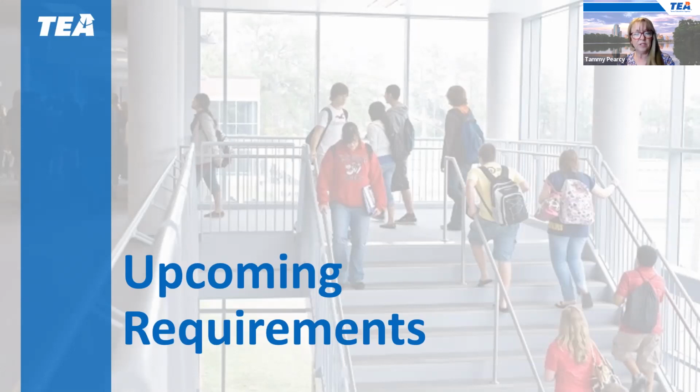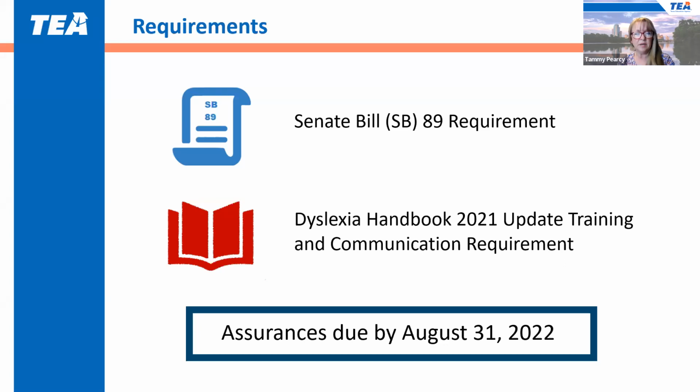We have a few additional upcoming requirements that are also linked to the August 31st due date. I'm going to give a little bit of information here about these 2 upcoming requirements that are based in assurances.